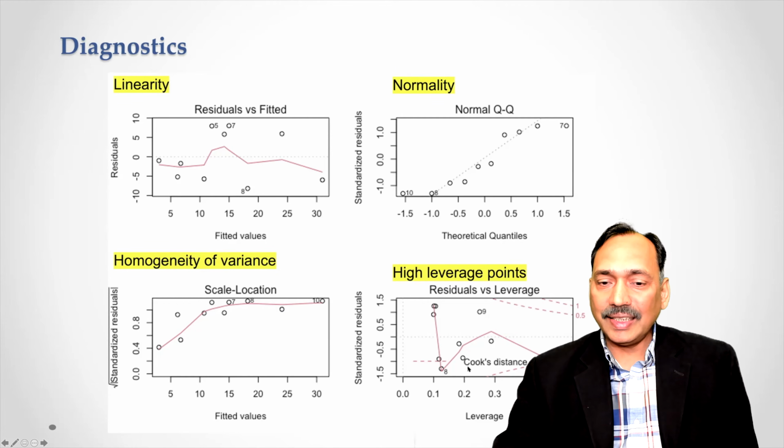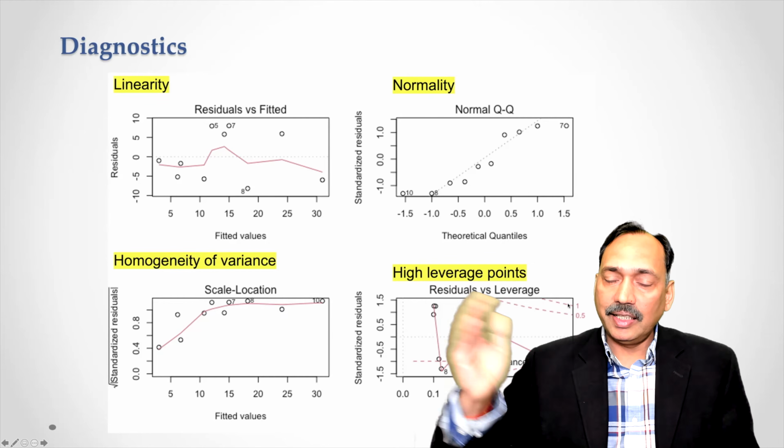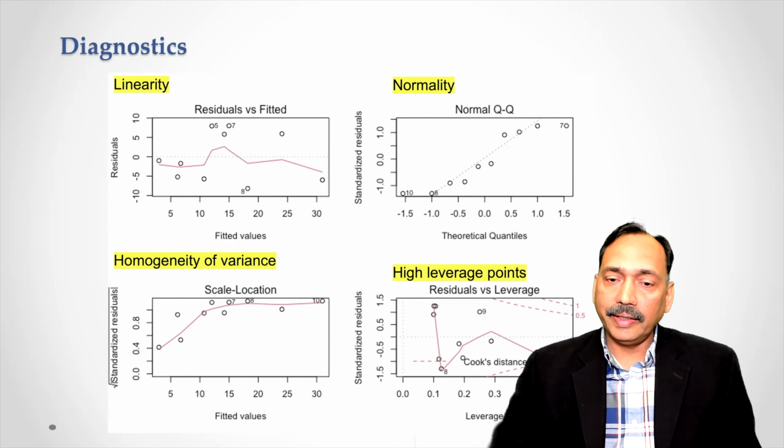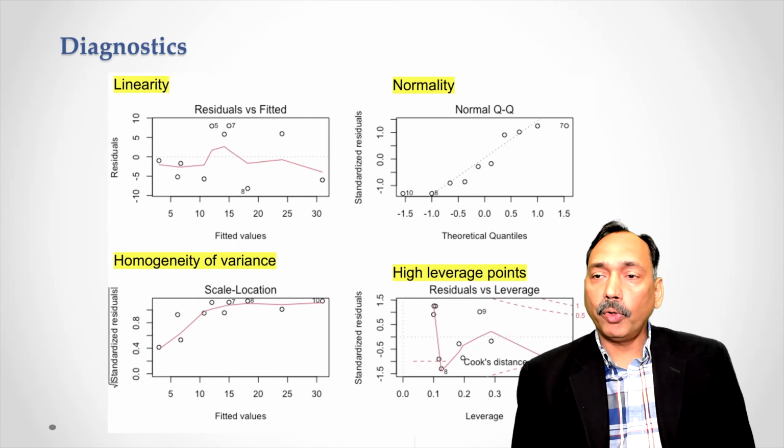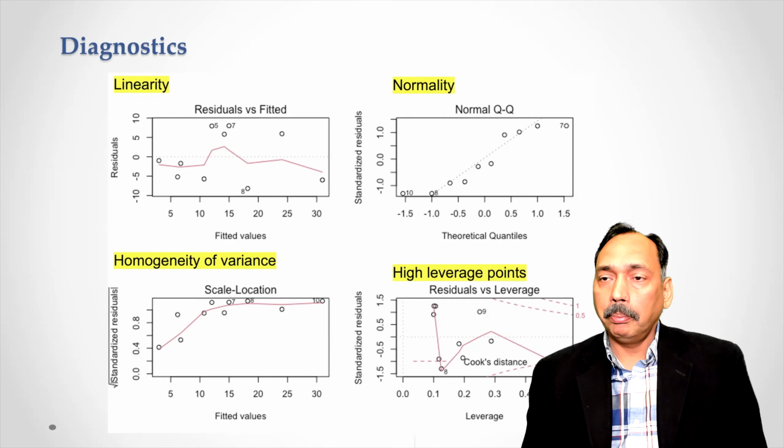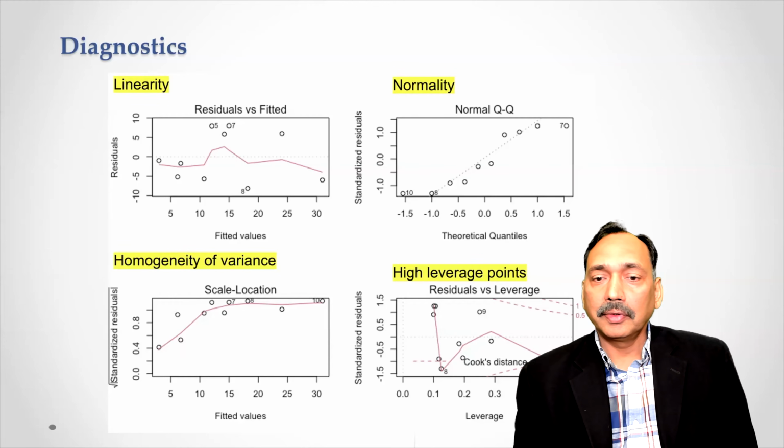And it uses a statistic called Cook's distance, and you may see these dotted lines here. So if there are any data points beyond these on the upper or lower side, those points are basically high leverage points. They have big impact on the model.